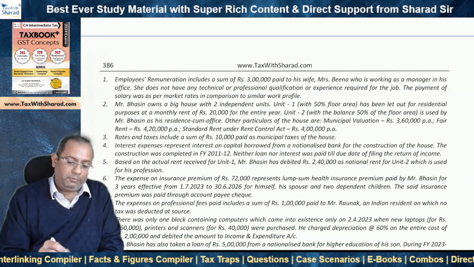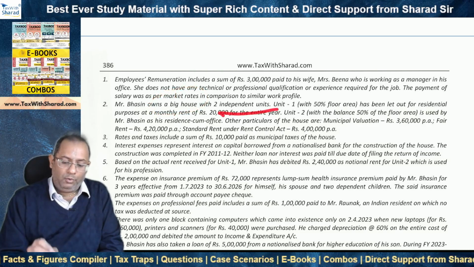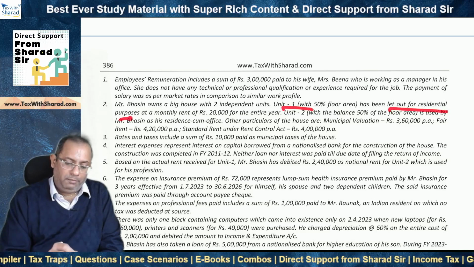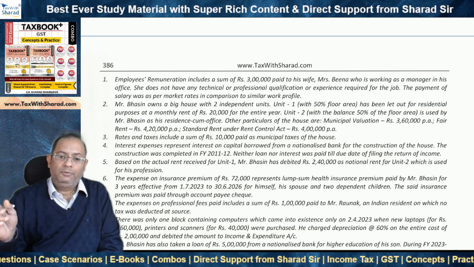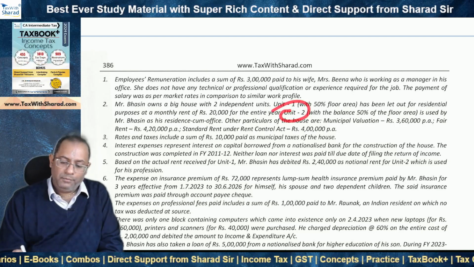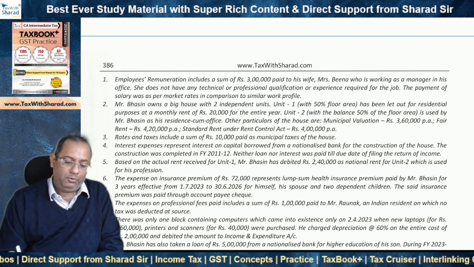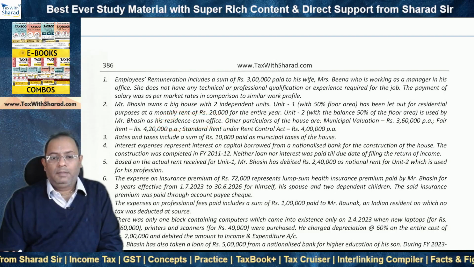Now in respect of the house property, it's mentioned that Mr. Basheen owns a big house with 2 independent units. Unit 1 has been let out for residential purposes. So the income will be taxable under the head income from house property. Okay, Unit 1. What about Unit 2? Unit 2 is the balance 50% of the floor area and it is used by Mr. Basheen as his residence cum office.